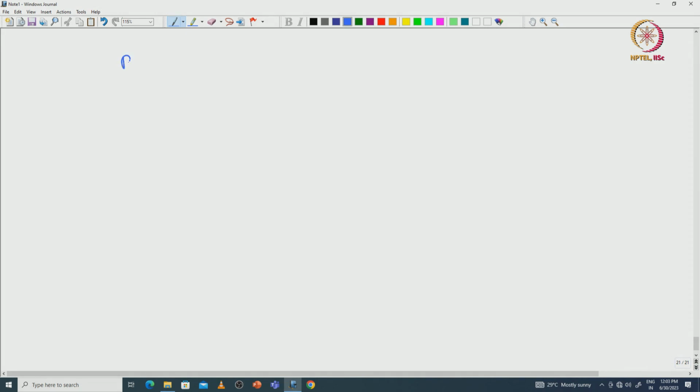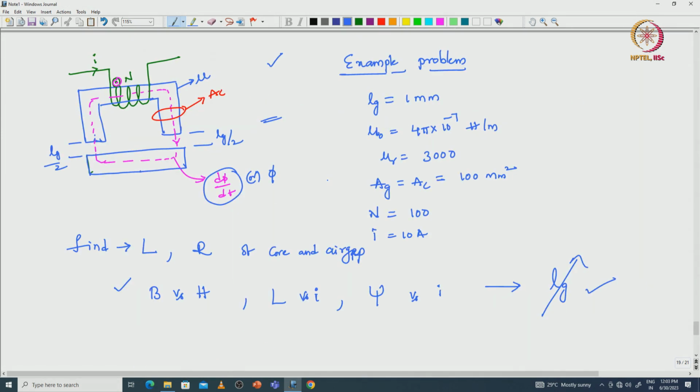Straight away we will calculate the reluctances. Reluctance is equal to what? Lc by mu naught mu r into Ac. Here the length of the core, how much has it been given? Okay, Lg is equal to 1 mm and Lc equals 50 mm.